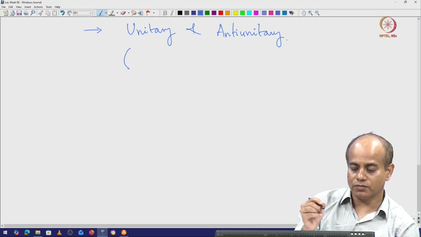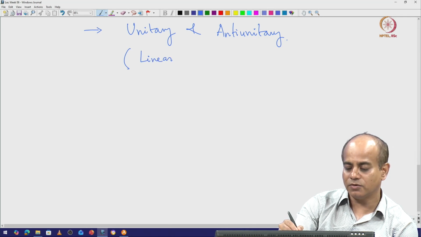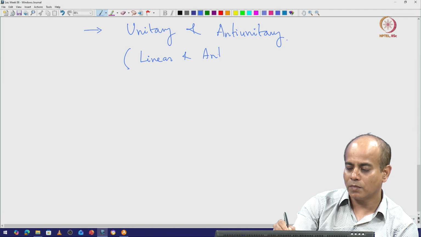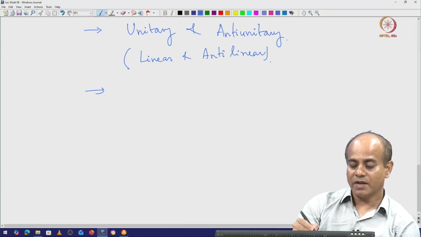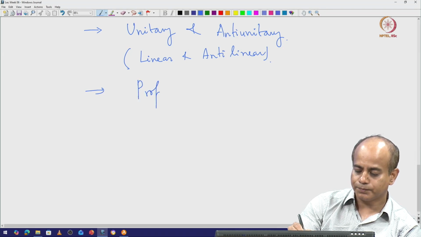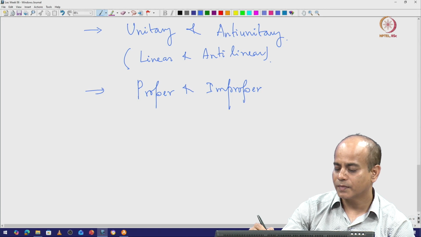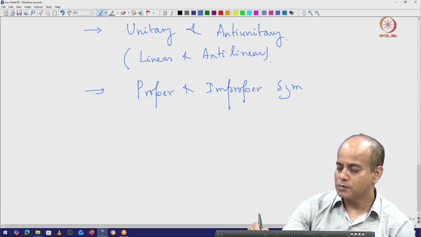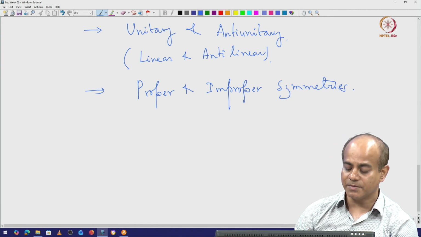And which are very much related to linear and anti-linear, and we will discuss that. And proper and improper symmetries. This is generally defined for the discrete symmetries.